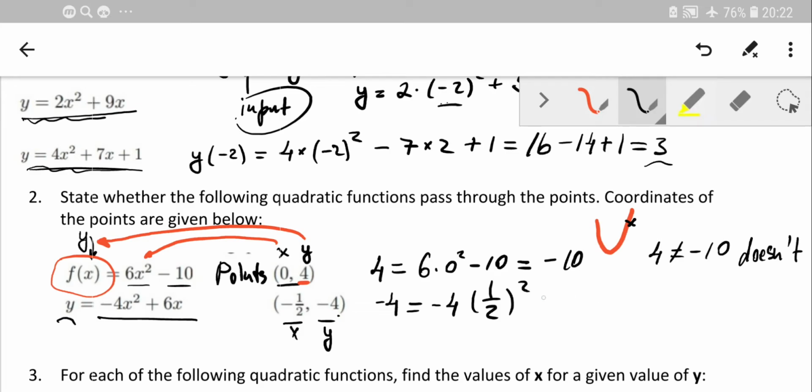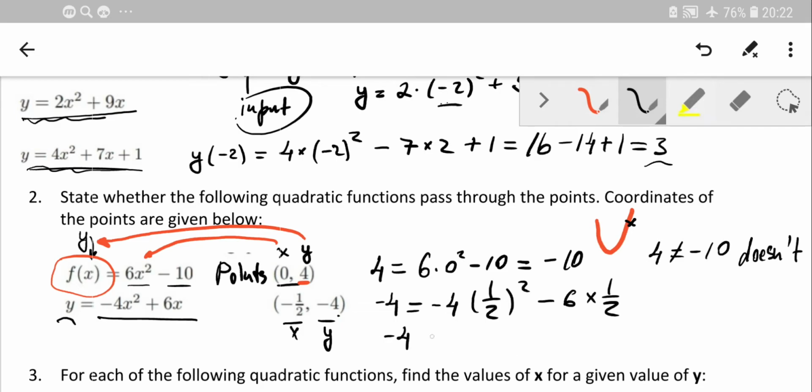So plus 6x, so simply we'll get negative 6 times 1 over 2. So I'll already take into account this negative sign from negative 1 over 2 and put it in before 6. Alright, so let's simplify.